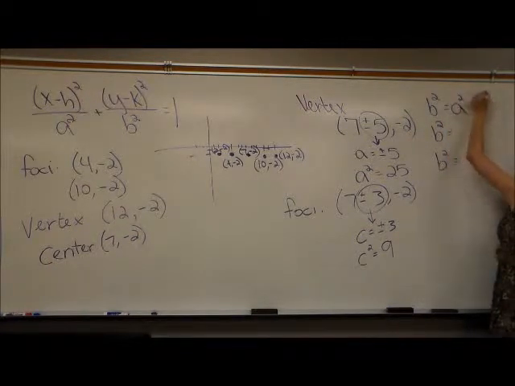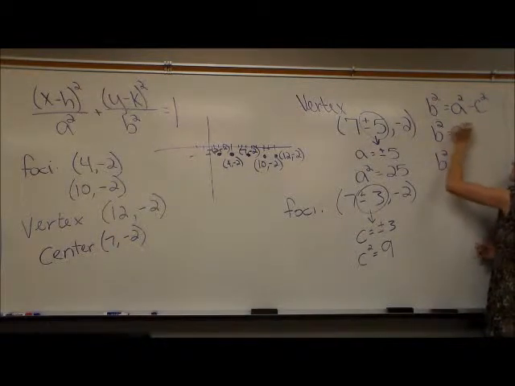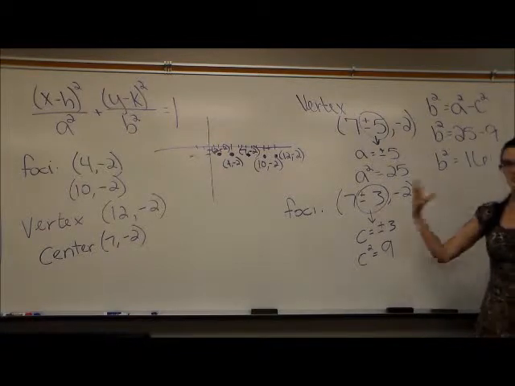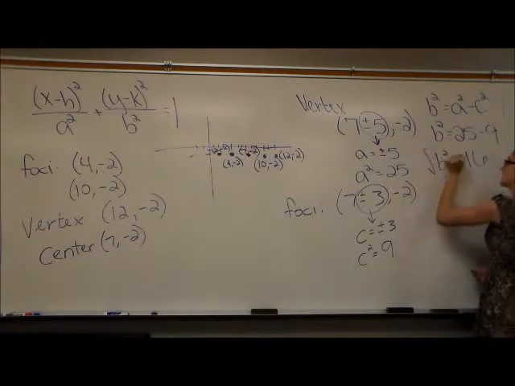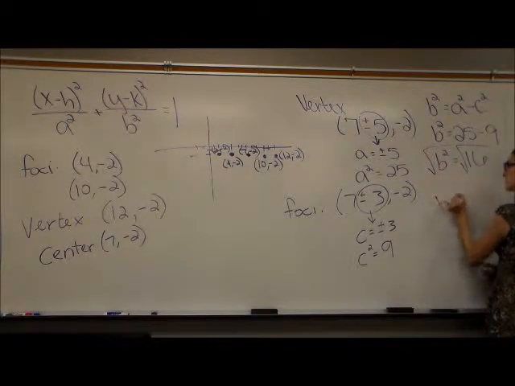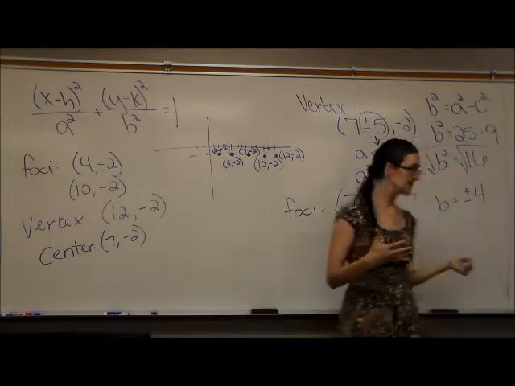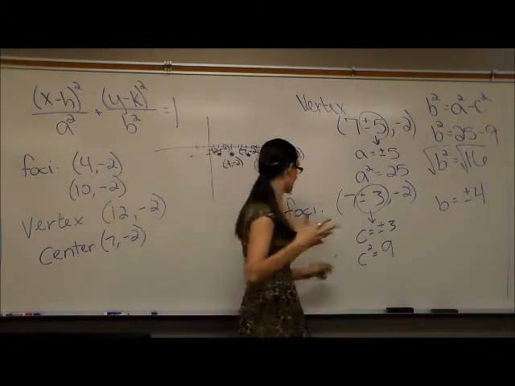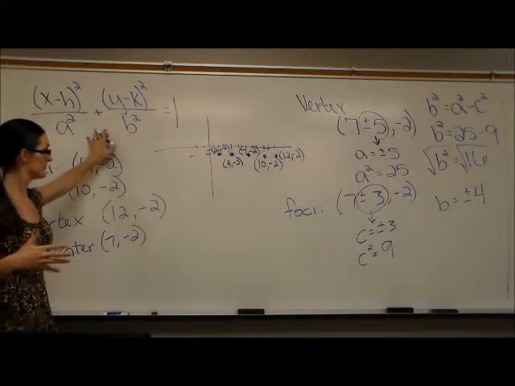Otherwise, you get a negative, and you can't take the square root of a negative. C squared is 9. A squared is 25. 25 minus 9 gives you a positive 16. You want to take square roots of positives, otherwise things turn out imaginary. Take the square root. B equals plus or minus 4. However, we didn't really need to take the square root, but I did that just out of habit. So your formula, they wanted it in standard form.